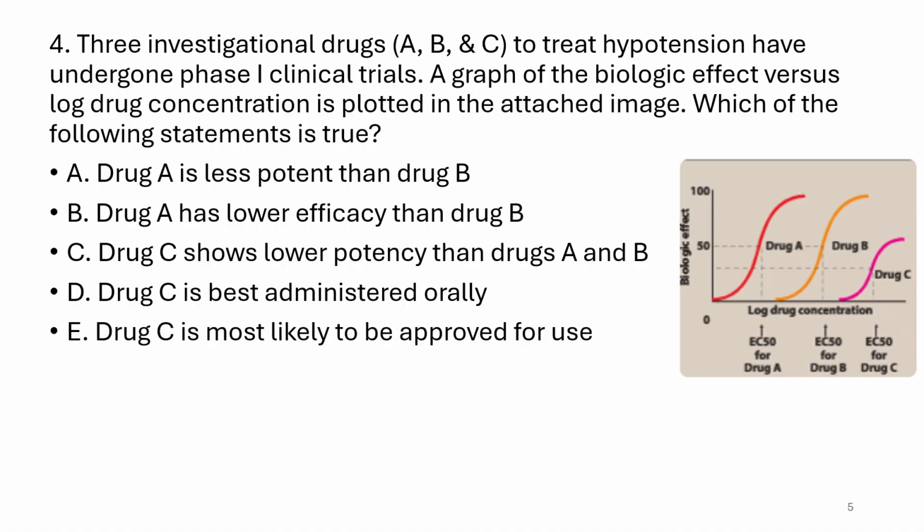Question number 4. Three investigational drugs A, B and C to treat hypotension have undergone phase 1 clinical trials. A graph of the biological effect is shown here. Which of the following statements is true?